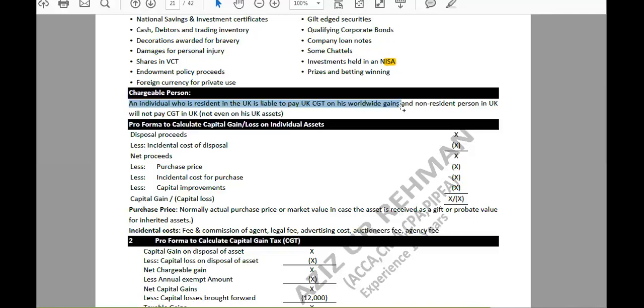In both cases, a UK resident person has to pay tax on all of the assets. But if a person is not UK resident, he will not pay CGT in the UK, not even on UK assets.